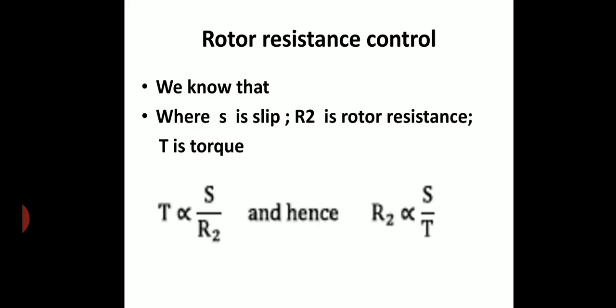So we know that S is slip, R2 is the rotor resistance, T is the torque. The torque is directly proportional to the slip and inversely proportional to the rotor resistance. Hence rotor resistance is directly proportional to the slip and inversely proportional to the torque.